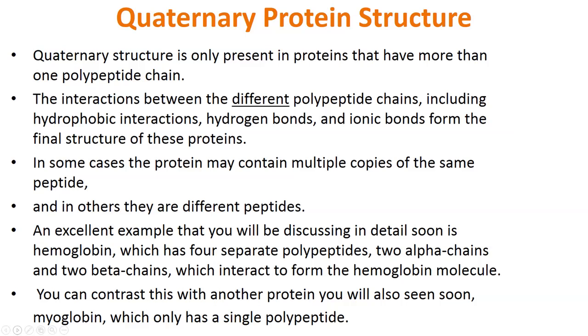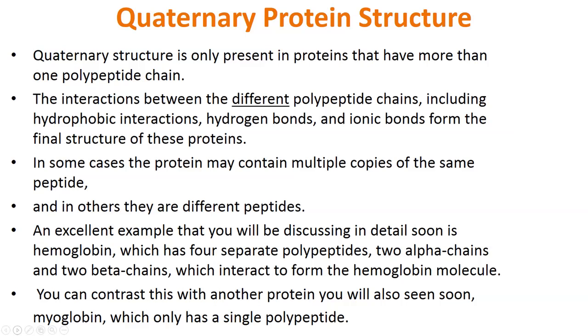In tertiary and in quaternary structure, we're talking about the R groups. Okay, does that answer your question? So you can still have hydrogen bonding in both, but in the tertiary structure it's between R groups. And then quaternary structure is only when you have a protein that has more than one polypeptide chain. A good example you're going to see this week is hemoglobin.